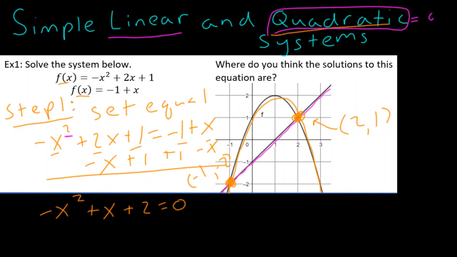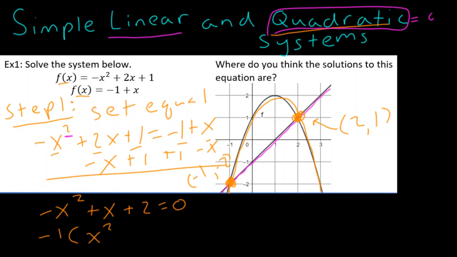Okay, interesting. Alright, now what are we going to do to solve this? Well, I noticed that the x² is negative, so what I'm going to do is I'm actually going to factor out a -1. So say, okay, -1 parentheses, that x² becomes positive. And remember, when you factor out a -1, everything just switches signs.